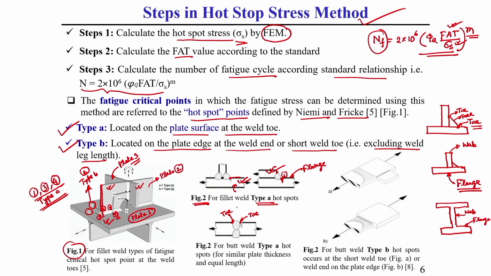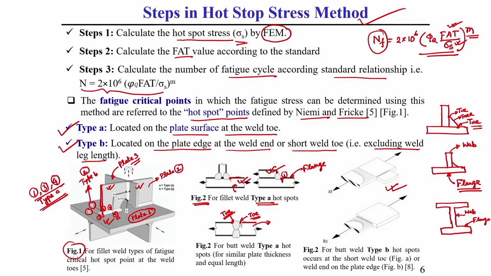If the toe point is lying on the surface of this plate, for similar thickness, this toe for a both-sided butt weld also lies on the surface of the left side plate or right side plate. That is why this is called type A for similar thickness plate. What is type B type of hot spot point?